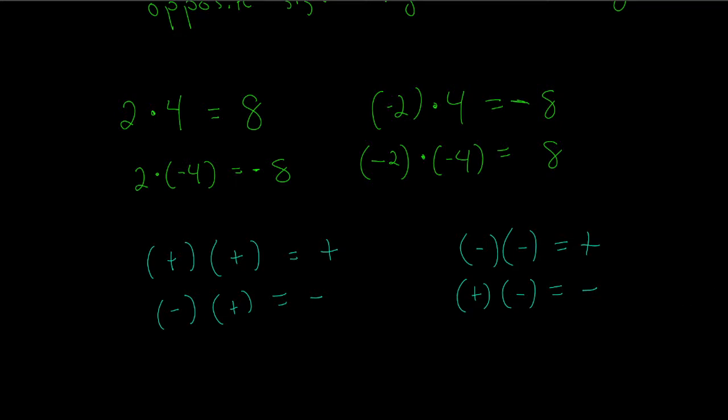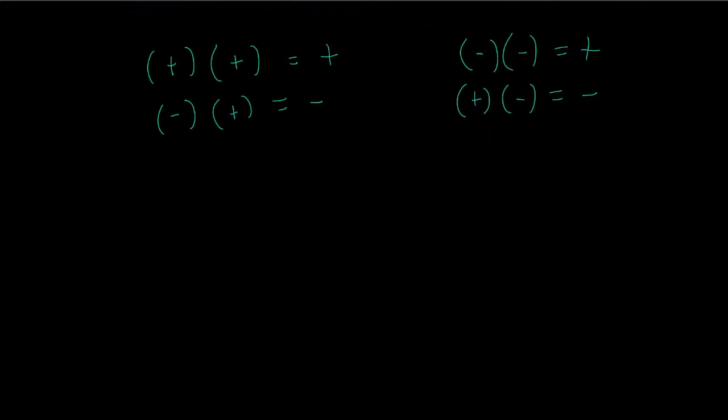Well, this really gives us an advantage when looking at multiple multiplications, more than 2. We can think about the signs as a separate entity. And I go, well, I'm going to have a positive times a negative. That's going to give me a negative answer. And a negative times a negative will give me positive.